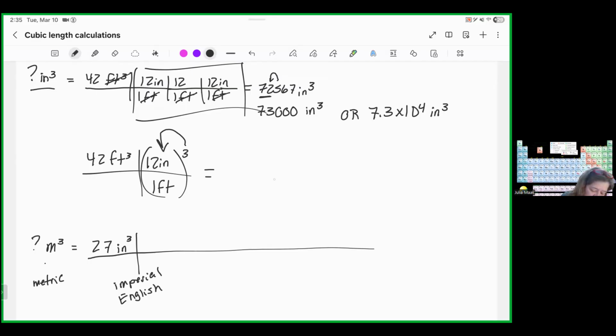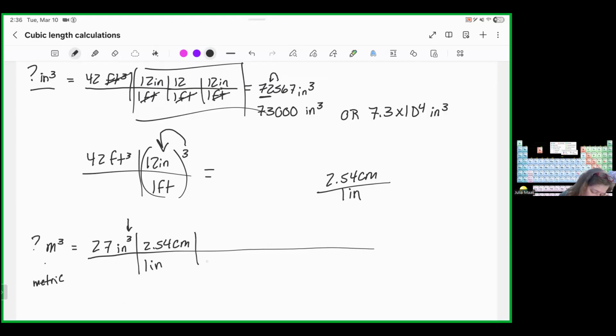The relationship we know is that there's 2.54 centimeters in 1 inch. So we need to go through centimeters in order to get over to meters. Let me erase that so I have space. In 1 inch, there's 2.54 centimeters, but we need to cancel 3 of those.